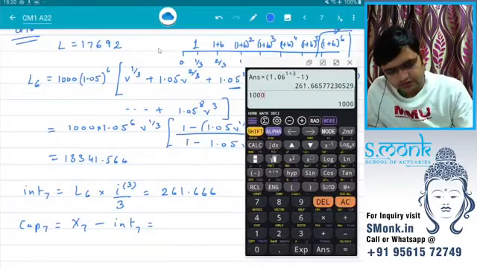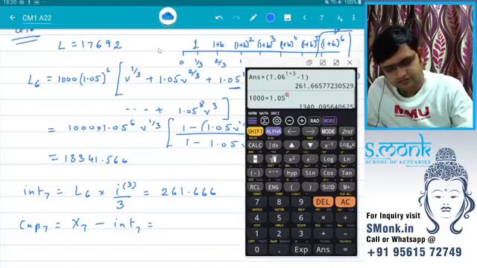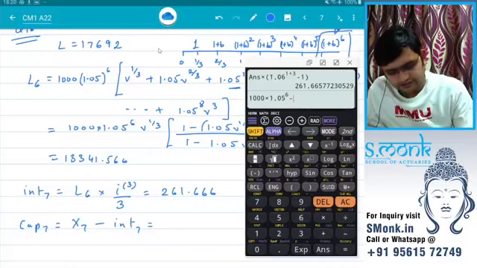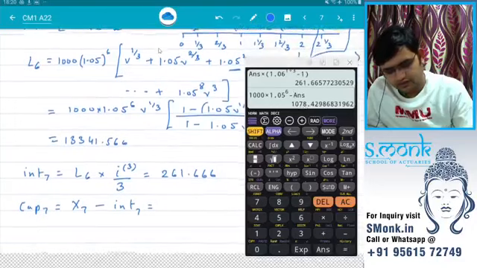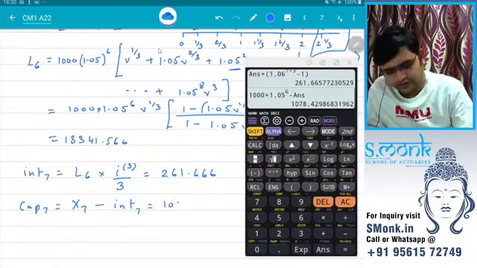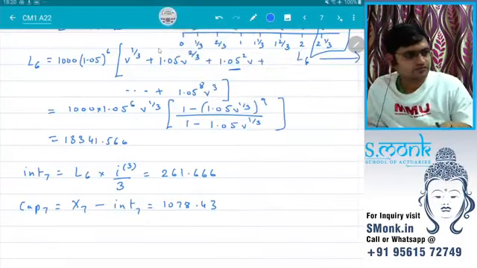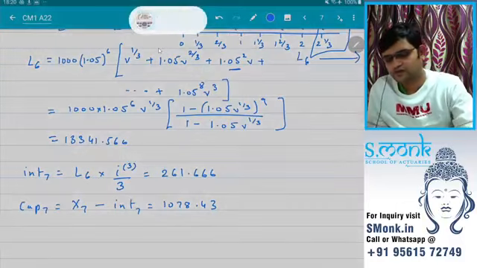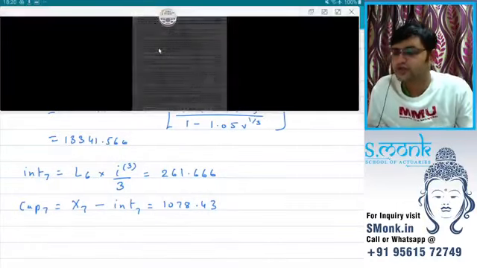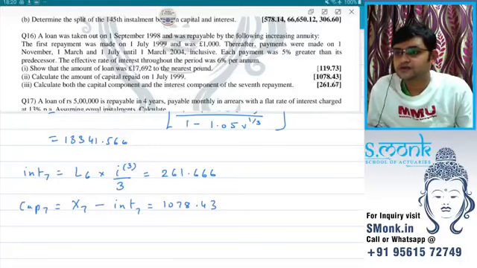This was the 7th repayment minus interest. So capital becomes 1078.43. I hope that is what our answers are. Yes, this is the capital component, this is the interest component.